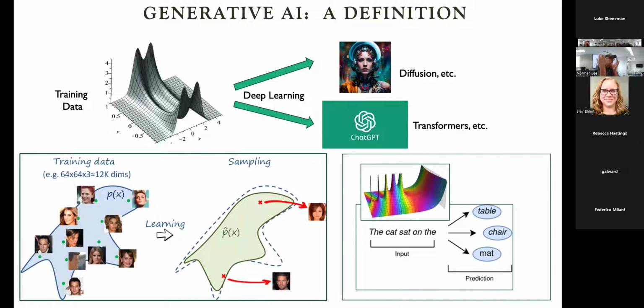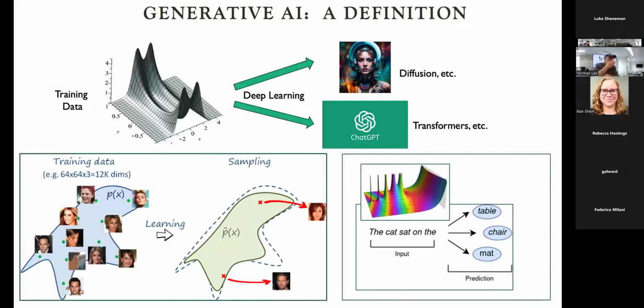Depending on what you're feeding it, the data can be highly dimensional, thousands, hundreds of thousands of dimensions potentially. And then once you have that complex data distribution, you can sample from it. Once you've learned, for example, what an image of a certain type is, you can sample from that to create an image, or you can sample from it to predict the next token with a large language model.